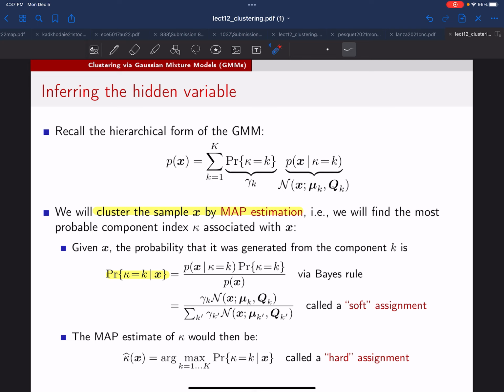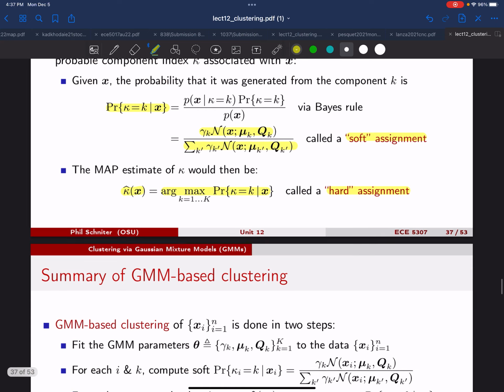Once we know those soft assignments, if you want to turn them into hard assignments, you just find the index k of the largest soft assignment. Okay, and that would give you the hard assignments. So that's how we'll do our clustering.